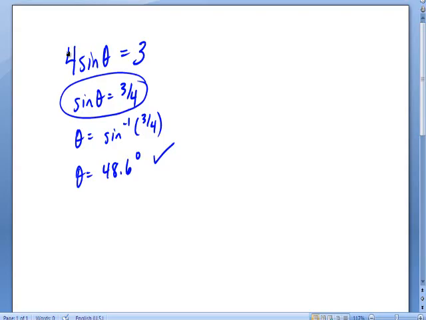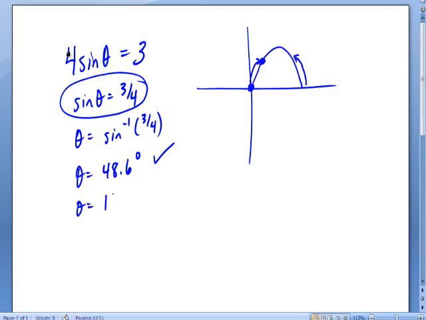So if we're looking for that second solution and we're thinking about the sine wave and what it looks like, okay, the first quadrant solution was somewhere over here at about 48.6 degrees. The second solution is going to be coming back 48.6 degrees from 180 degrees.